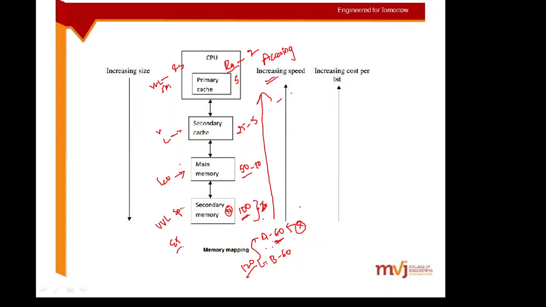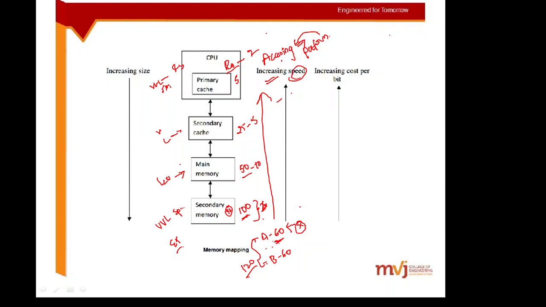If the accessing speed is increased, then the performance is also going to be increased. Performance depends on the accessing speed, which is the number of bits executed per second. So the speed is increased over here.